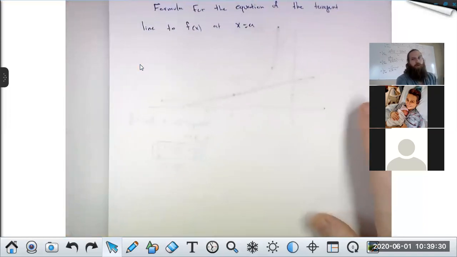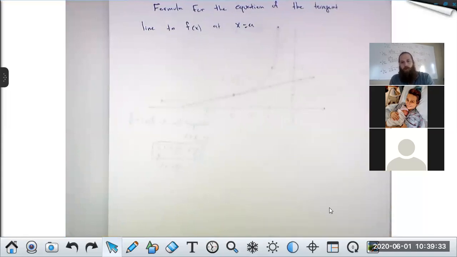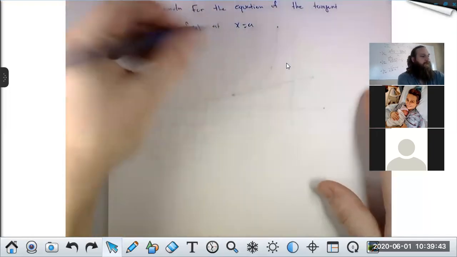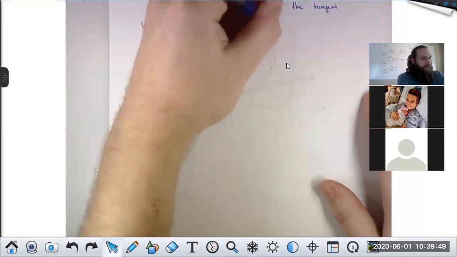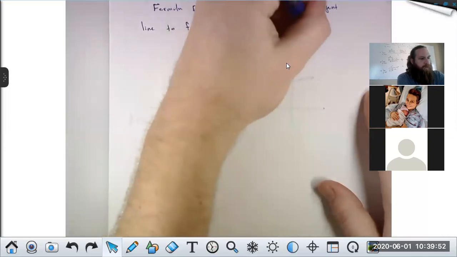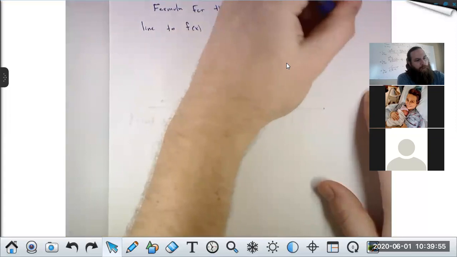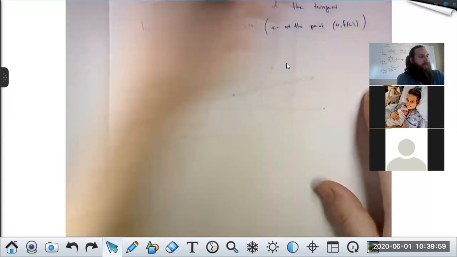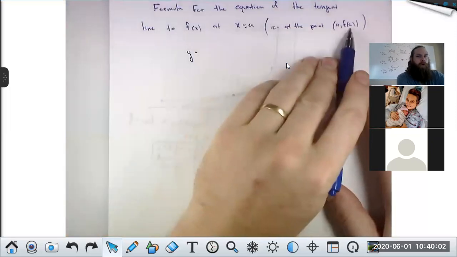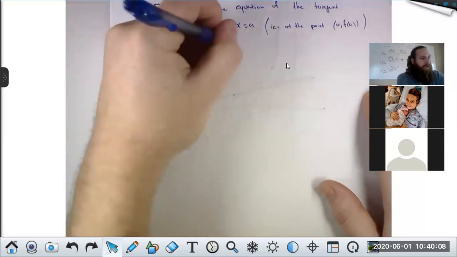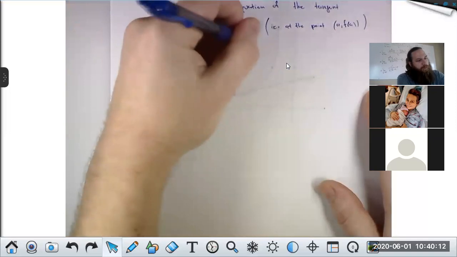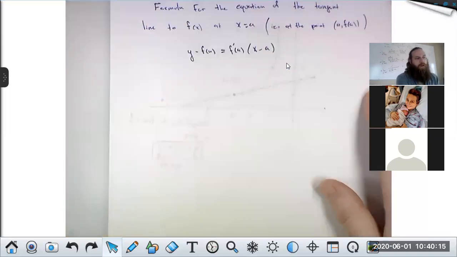You can take that point slope equation and the definition of the derivative and combine those to see that the formula for the equation of a tangent line at x equals a, so at the point a comma f of a, is y minus y1, but y1 will always be f of a, equals m, but m is always f prime of a, times x minus x1, but x1 is a.